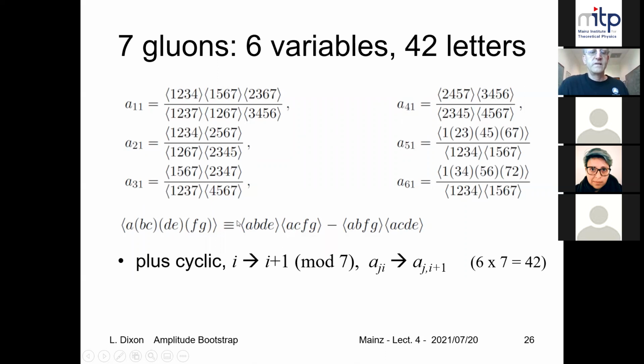However, the heptagon case also includes numerator factors shown here in parentheses that are not single products of 4-brackets, but involve non-trivial combinations that can't be reduced to these by certain identities, like Plücker relations. Anyway, this shows 6 of the 42 letters, and the rest of them are obtained by cycling i goes to i plus 1 mod 7 to get the rest.